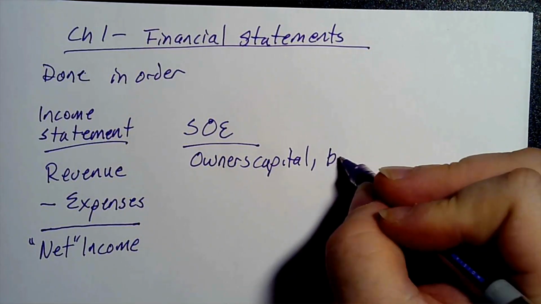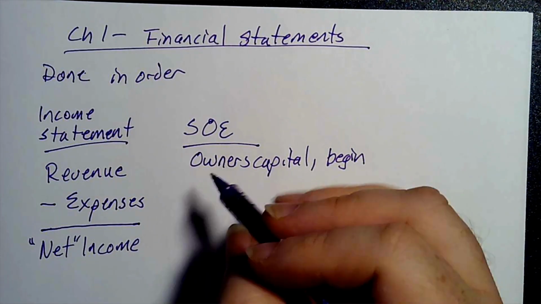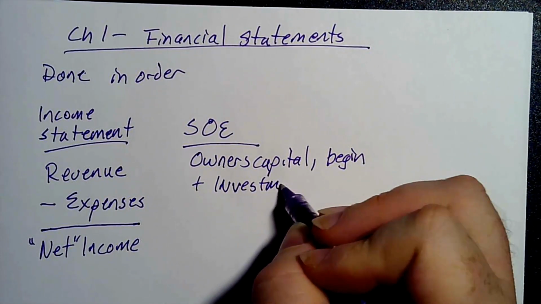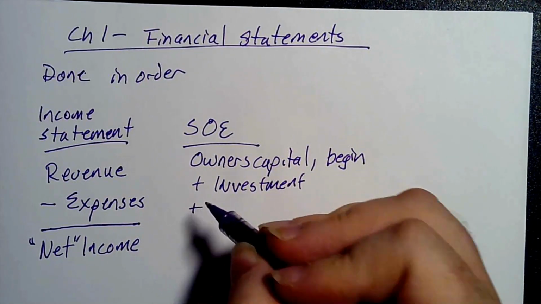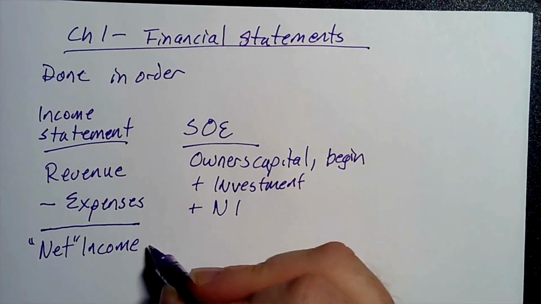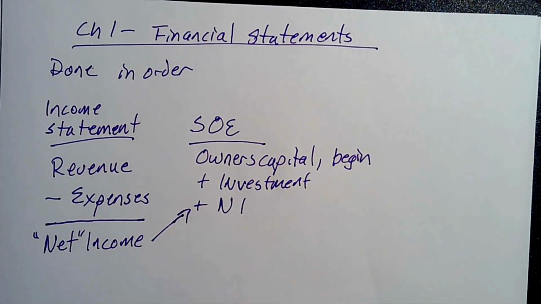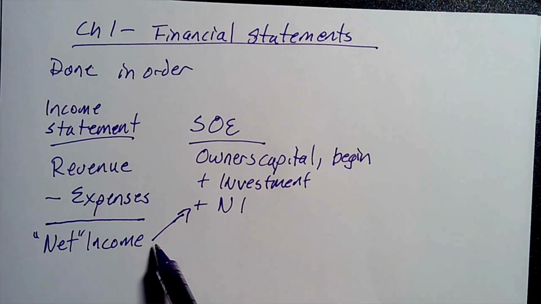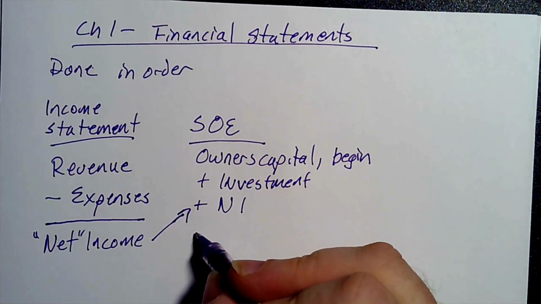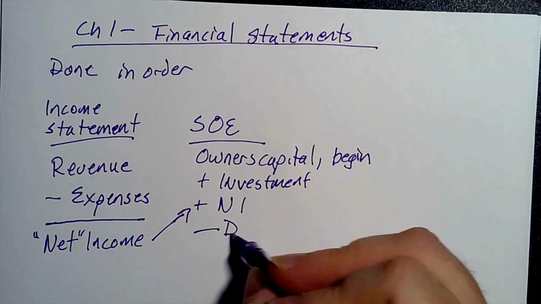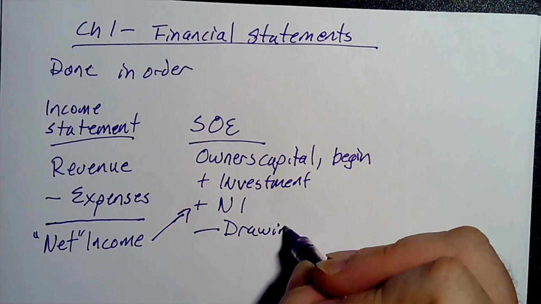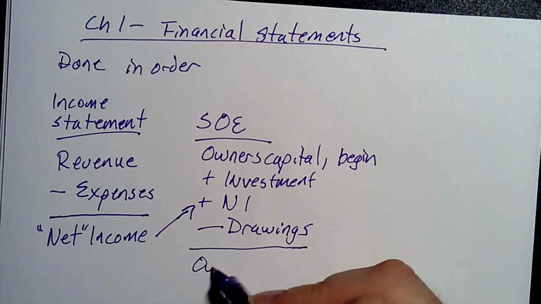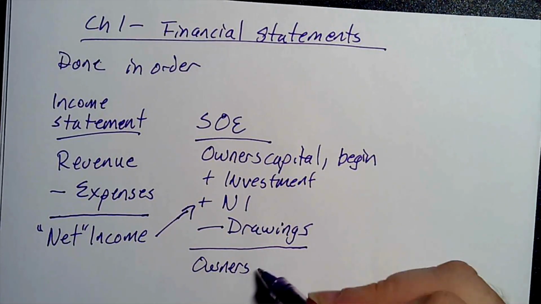Then we add in any new investment that the owners put into the company. And then we add in the net income. That's why we have to do the income statement first, because we can't calculate this until we have the number for net income. Then we take out any drawings, and I'll explain that in a second. And that will leave us with owner's capital at the end of the period.